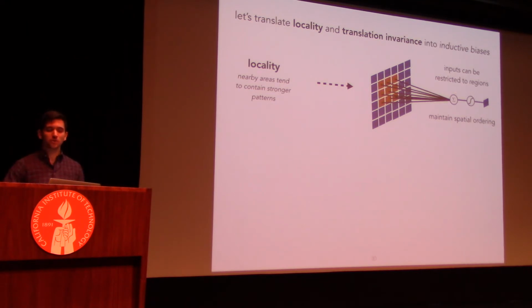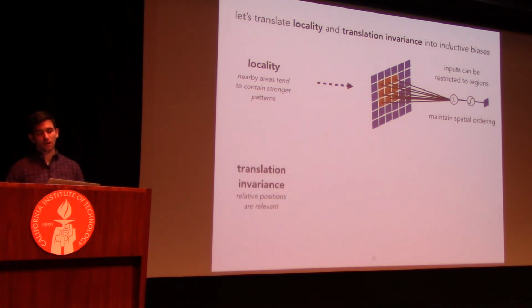So here we're talking about restricting the set of inputs, and you also see that by doing this, we need to maintain some sense of this spatial ordering. We're no longer going to reshape our image into a vector. We're going to maintain these spatial dimensions of height and width, and also of channels, and we're going to operate in more of the image space than some vector space, which is less meaningful when it comes to spatial data.